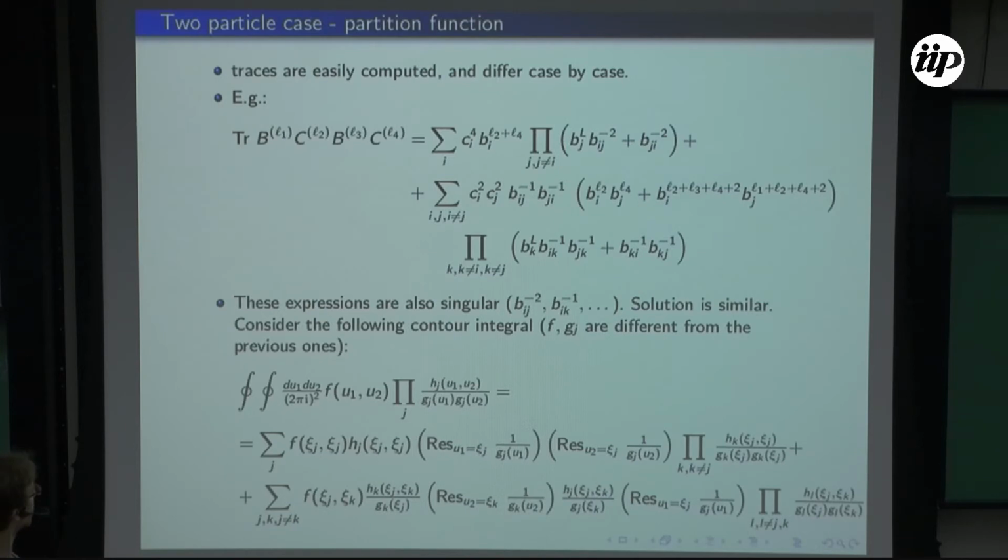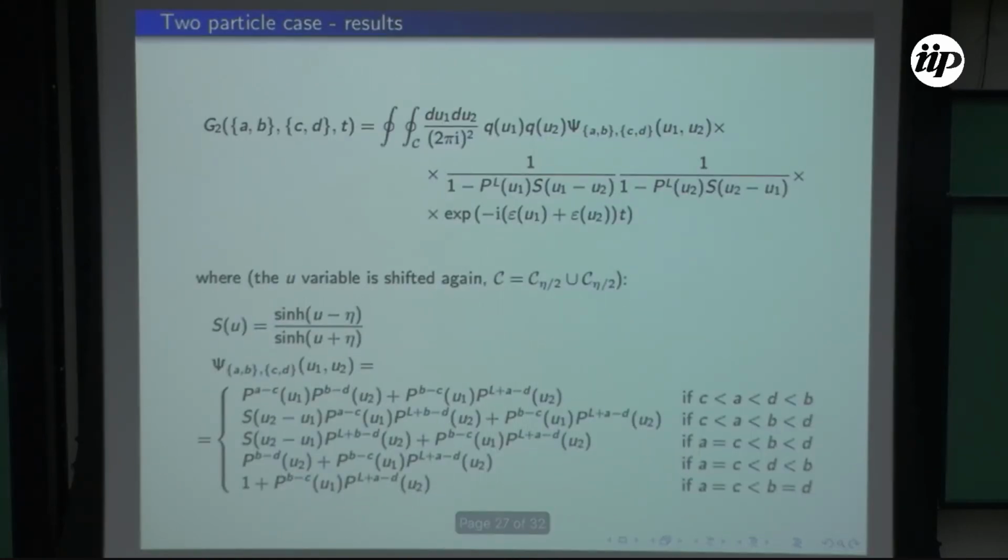You get some nice expression, and then it's again singular, and you again want to rewrite it as a contour integral. So you use the same method as previously, just now with a double integral, and then you take this generic form, you expand it by summing over the poles, and then you want to identify this summation over the poles with different terms, and for two particle cases, it's still doable.